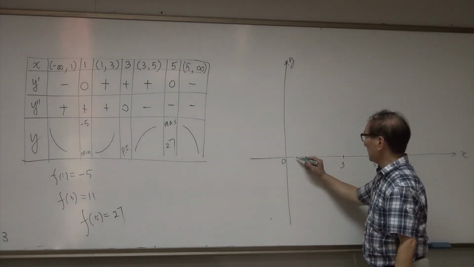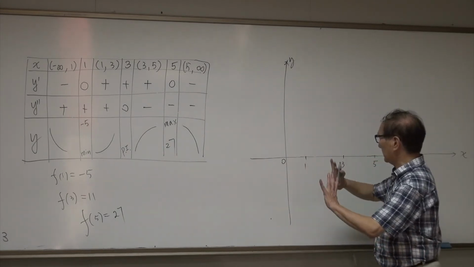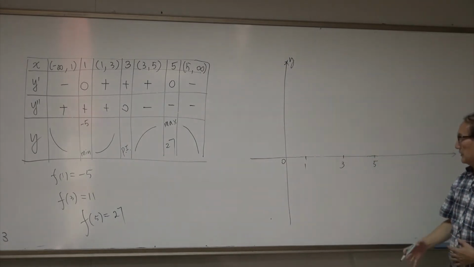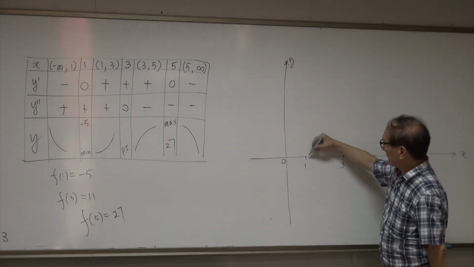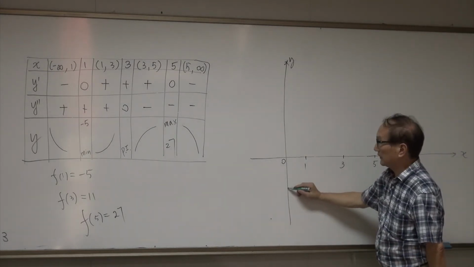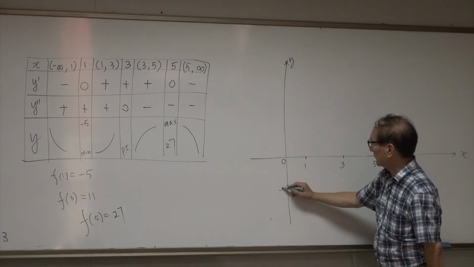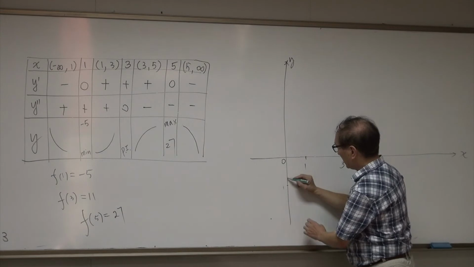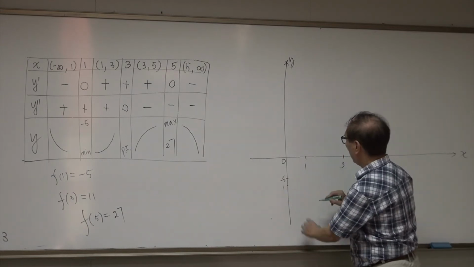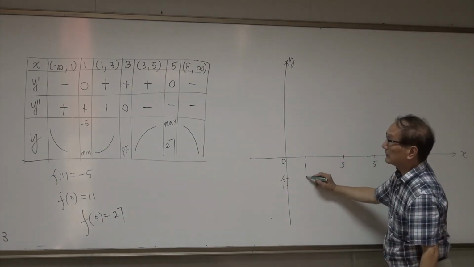The picture has to reflect the features of the function, but not be very exact. This is minus 5, so minus 5 here. The vertical could be a different scale. So this is the point.